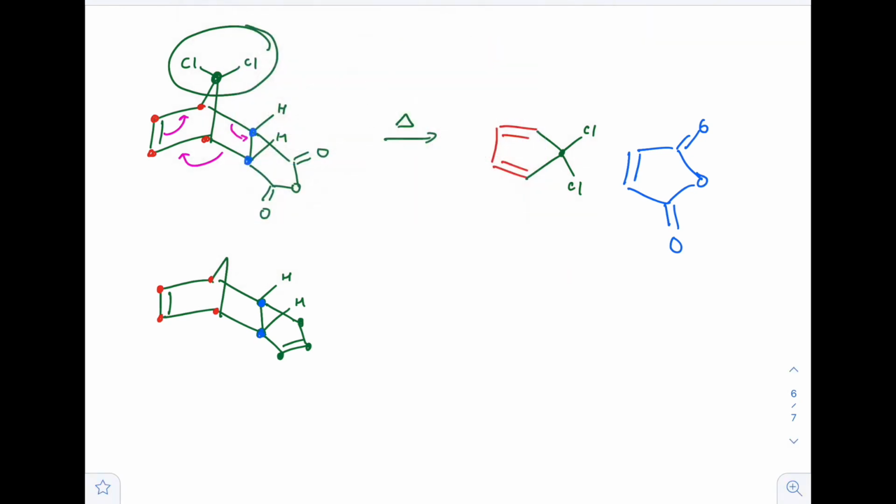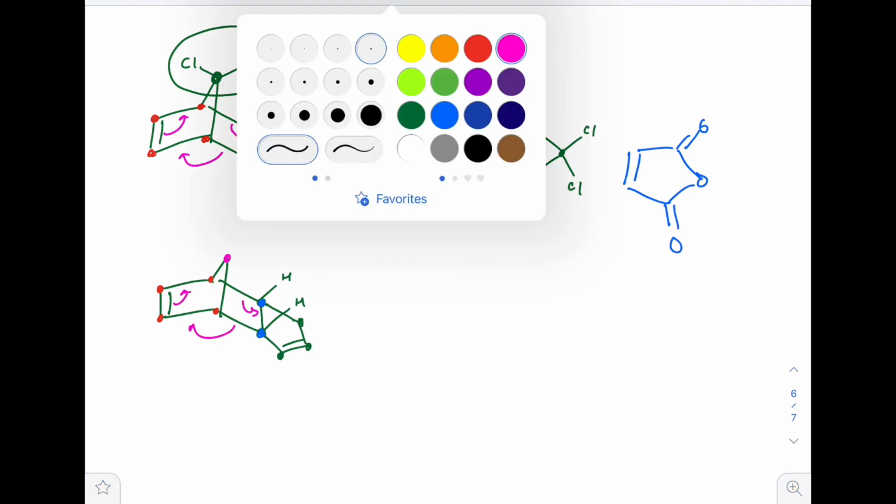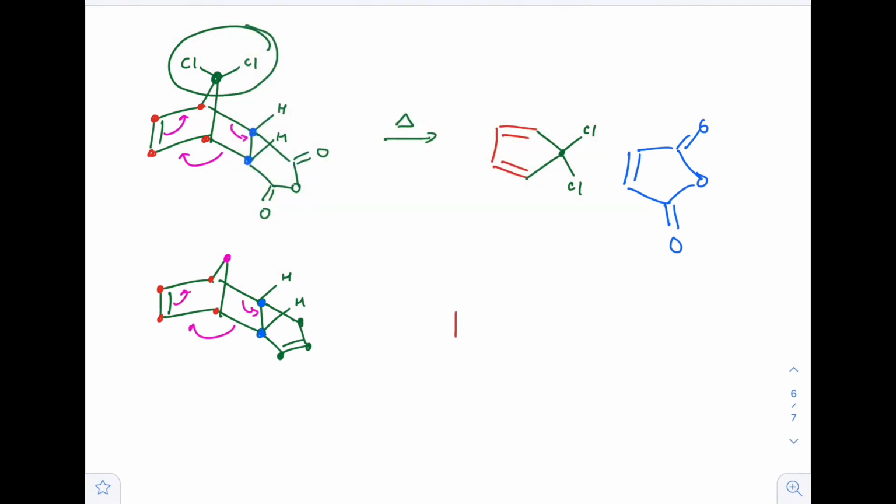So let's do that again. Our pink bridge, we draw some arrows in the opposite direction, undoing things, and so we definitely got our diene. We have our pink bridge, right? And so that's going to be a cyclopentadiene. Now, if we draw our two blue carbons, there are 3 other carbons, so that's going to create a 5-membered ring.